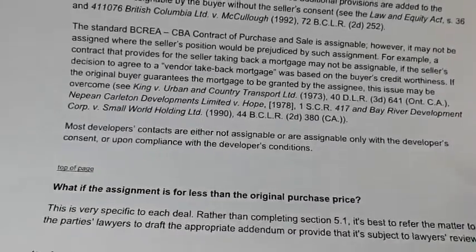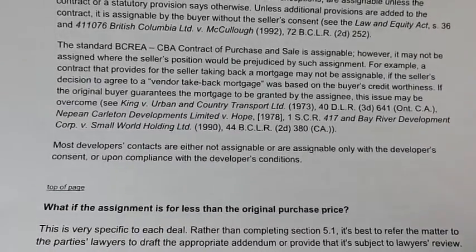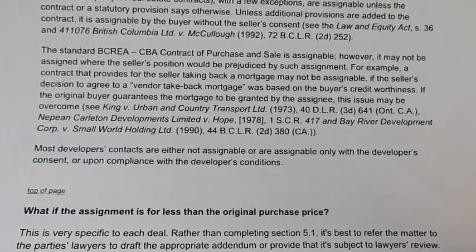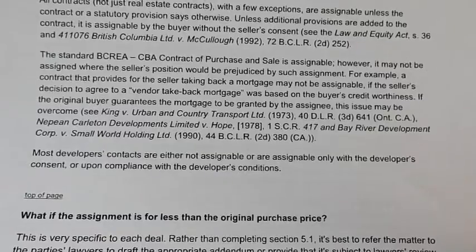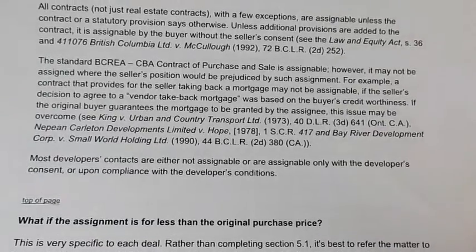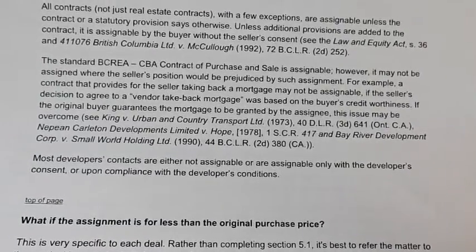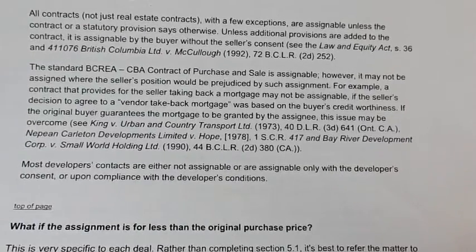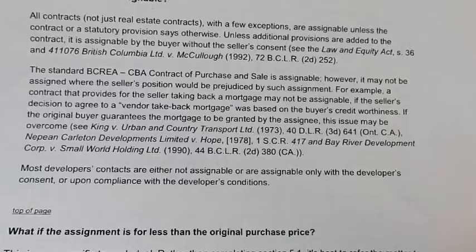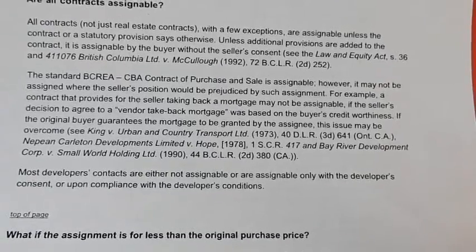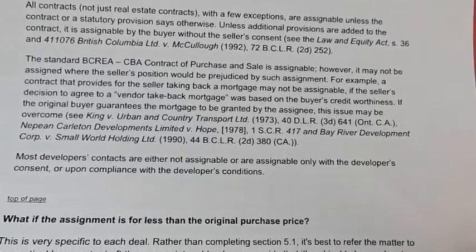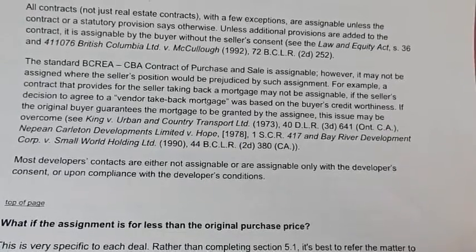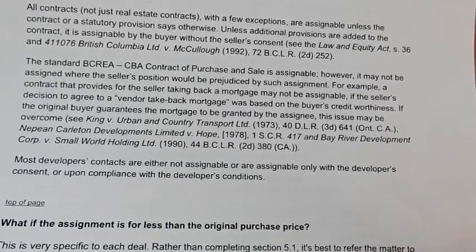The standard BCREA CBA contract of purchase and sale is assignable. However, it may not be assigned where the seller's position would be prejudiced by such assignment. For example, a contract that provides for the seller taking back a mortgage may not be assignable if the seller's decision to agree to a vendor take-back mortgage was based on the buyer's creditworthiness. If the original buyer guarantees the contract to be granted by the assignee, the issue may be overcome.